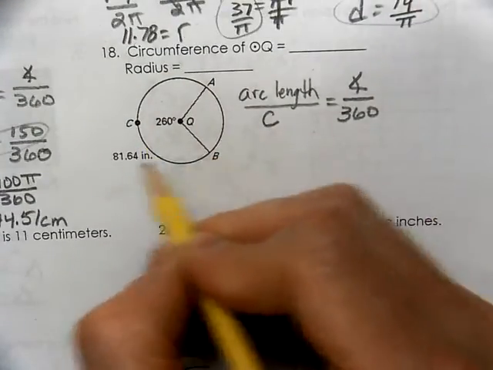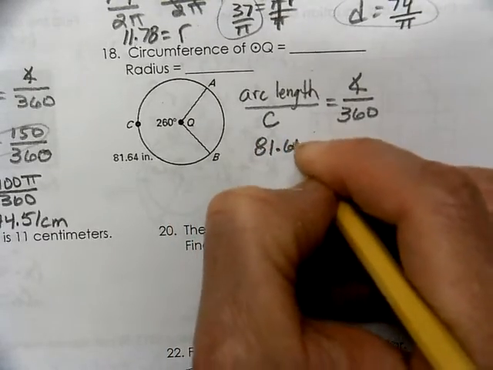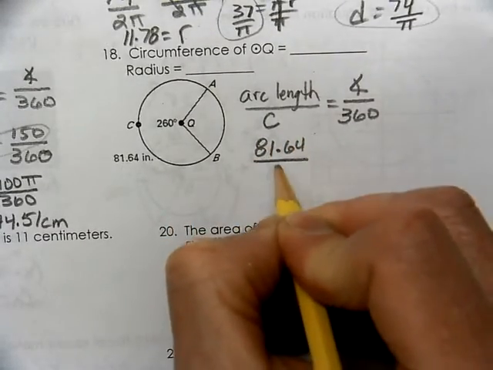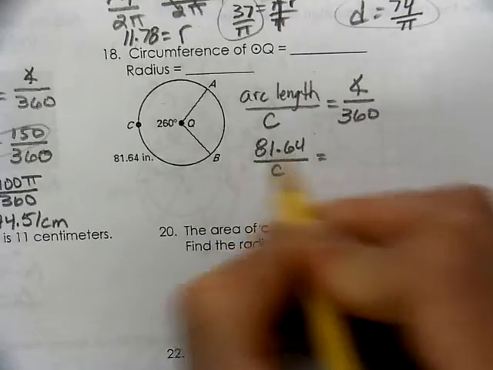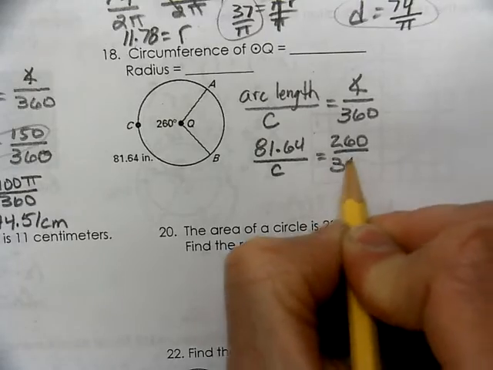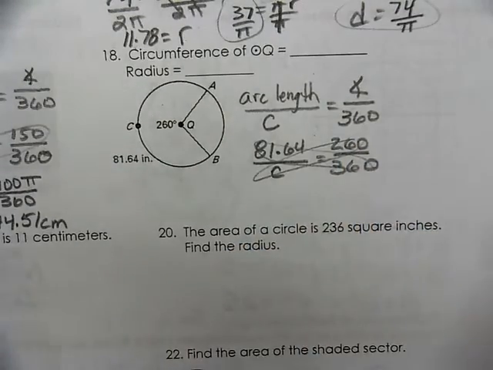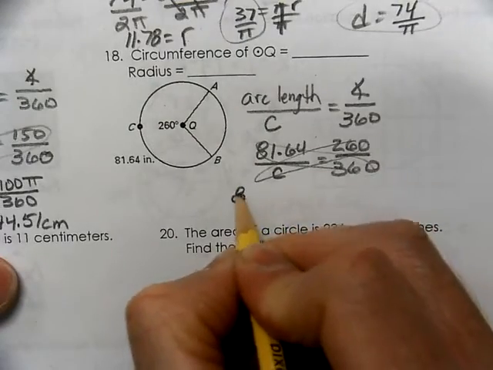So the arc length that we know is 81.64. We don't know what the circumference is, but the angle is 260 divided by 360. We'll cross multiply.